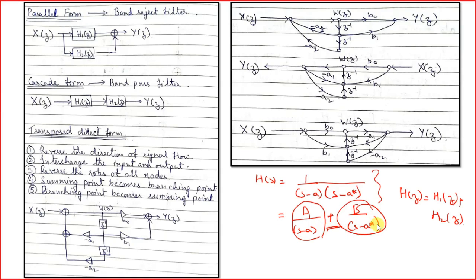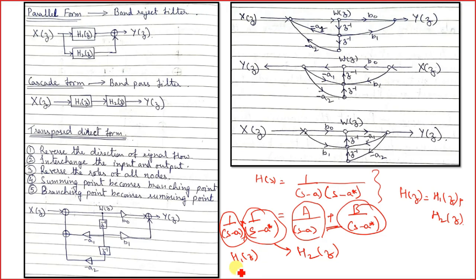Okay. So I will be giving you implement this filter in either parallel form or in cascade form. So accordingly, you have to do the thing. If it is a cascade one, then what you have to do? 1 by s minus a multiplied by 1 by s minus a star. Okay. So now this is H1(z), and the second one, it is the H2(z).